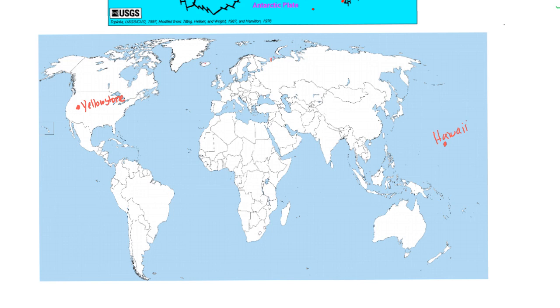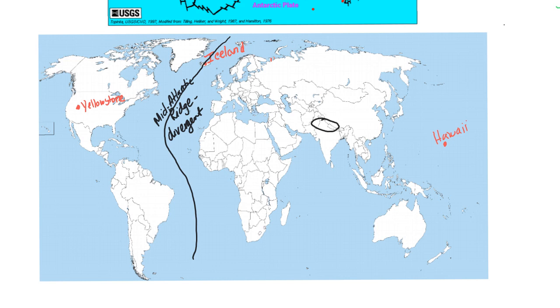All right, then up here you need to know that this is Iceland, and it's the only place you can see the Mid-Atlantic Ridge on land. So the Mid-Atlantic Ridge goes like this. And remember, it's a divergent plate boundary. All right. Then over here we have the Himalayas.